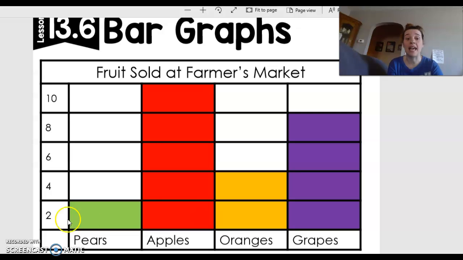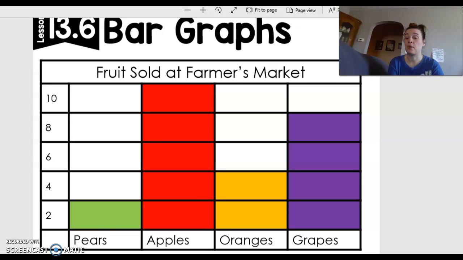Yes, that's right, there were 10. If you look, we go clear up here and we go over and it's at 10. How many pears were sold at the farmer's market? Pause. Yes, that's right. There were only 2. We see where it's colored in and we go over and we see that it's only at 2.